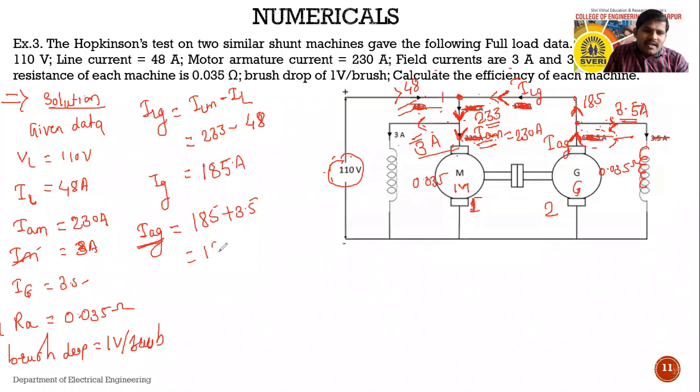So it is equal to 188.5 ampere. It is the armature current of the generator. So this value is here represented.